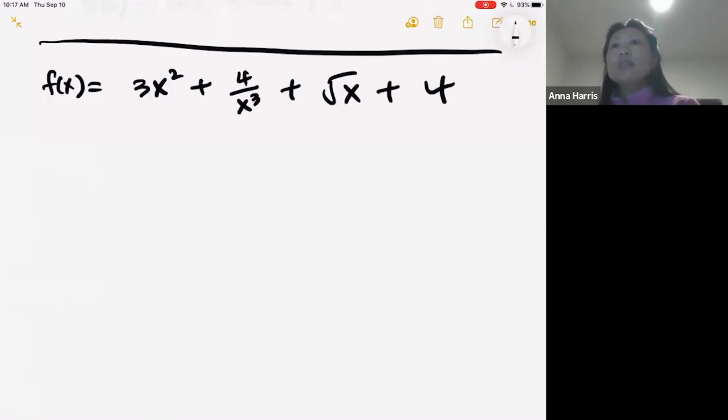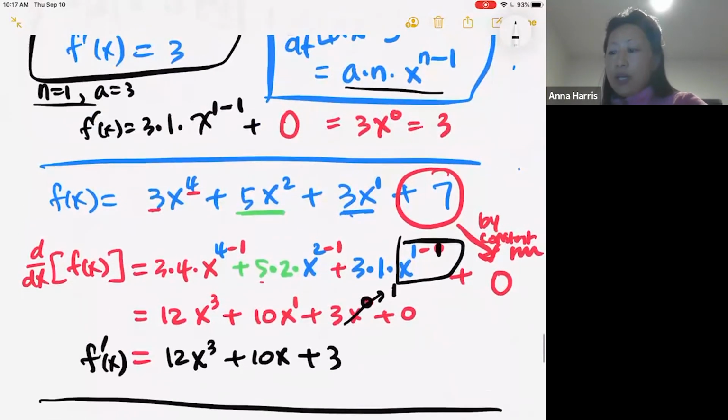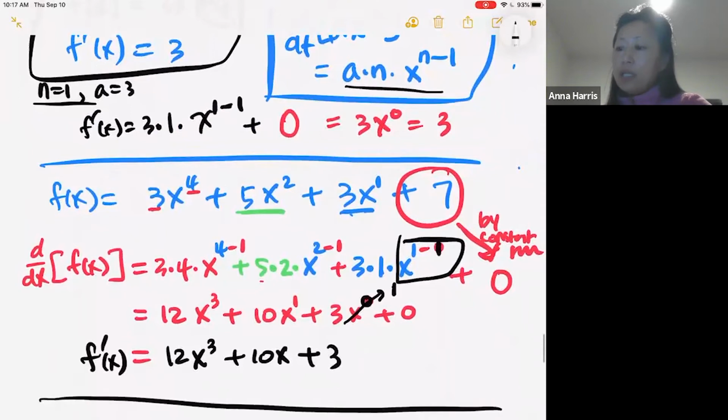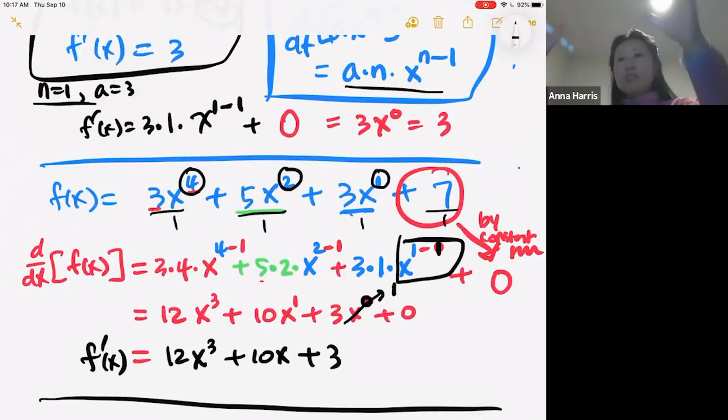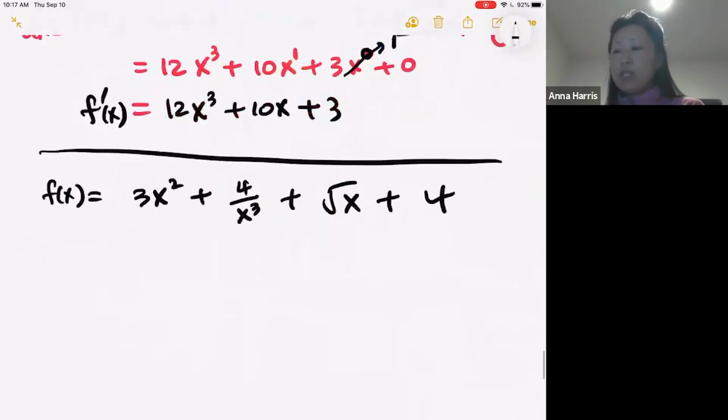Okay, this one is not that simple, isn't it? Because the last problem, look at everything. My power is right here, in the numerator position. What I mean is everything over 1, everything over 1, everything over 1. So everything was in the numerator position. But look at this one now.